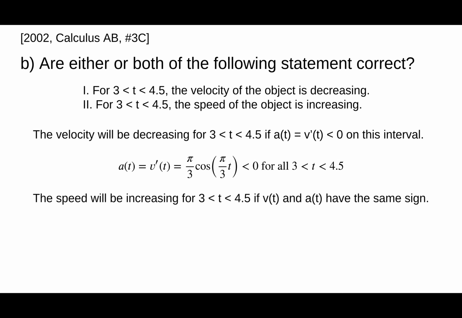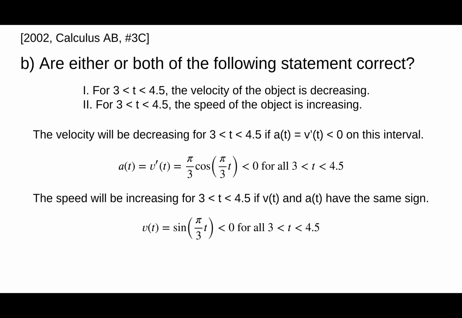The second statement, the speed will be increasing for t between 3 and 4.5 if v of t and a of t have the same sign. So if they're both positive, speed is increasing. If they're both negative, speed is increasing. But if they have different signs, speed will be decreasing. Well, the velocity function is just sine of pi thirds t, which, if t is between 3 and 4.5, is also negative for all such values of t.